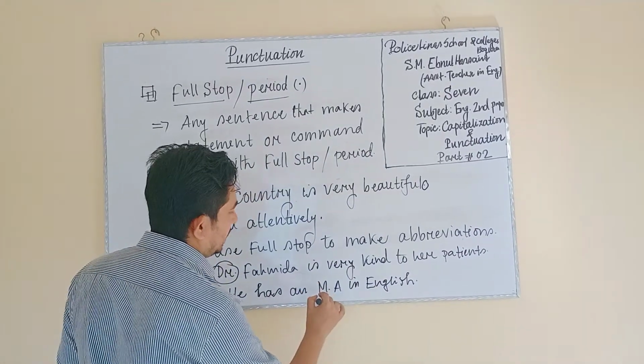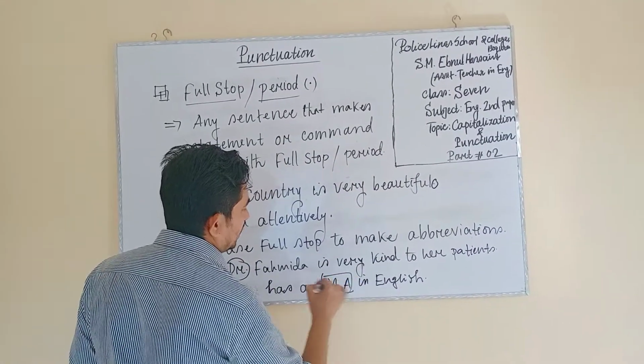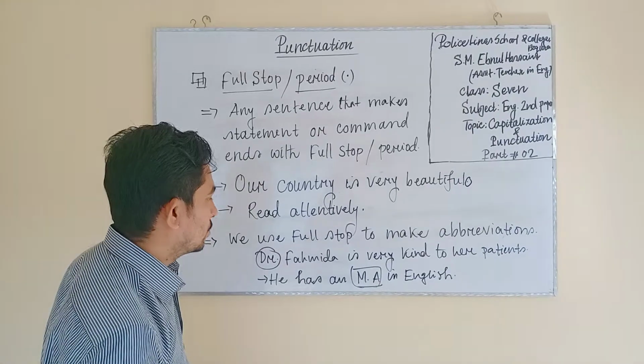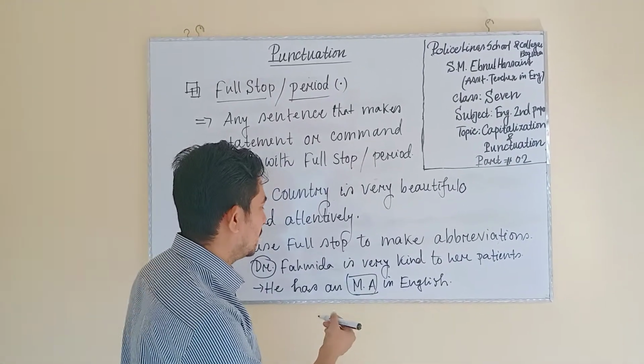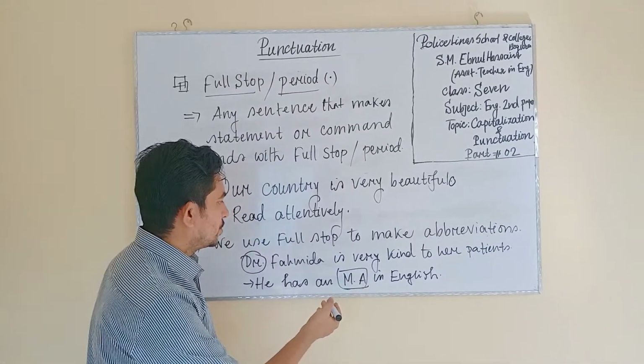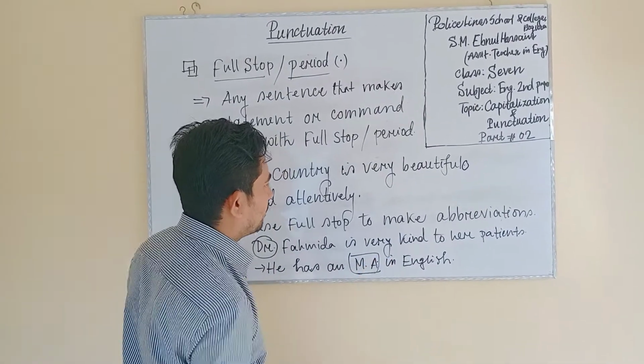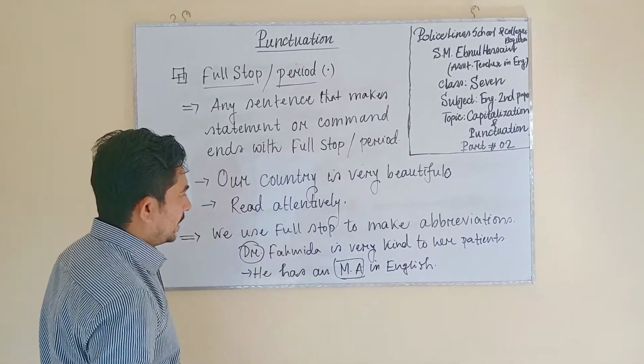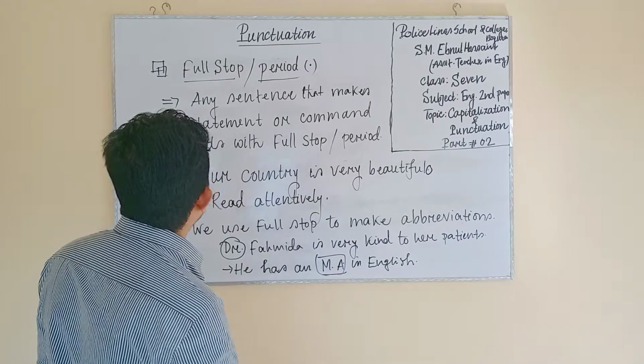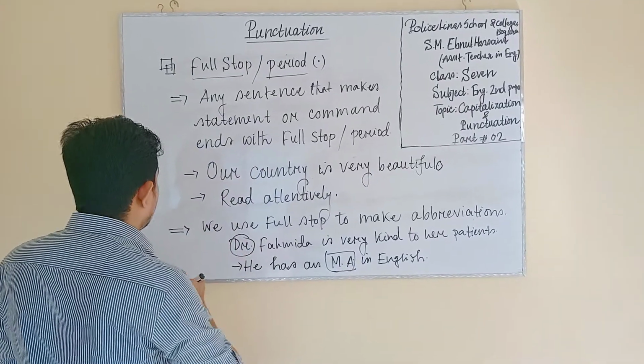Here the abbreviation M.A. stands for Master of Arts. So this is the abbreviation, and here we use the full stop to make the abbreviation. So this is the use of full stop.